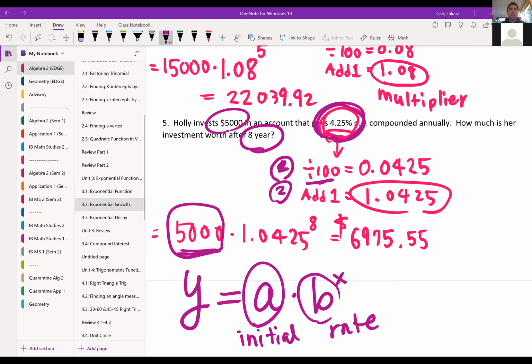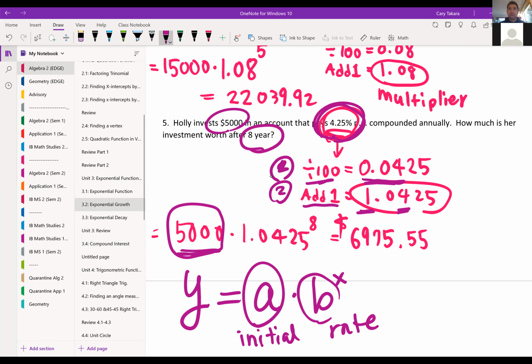So you're basically converting the percentage into decimal form. 4% is 0.04, so 4.25% will be 0.0425. And then we have to add 1 to it, because 1 represents 100%. This 1 is 100%, this 4 is 4%, so it's 104%.